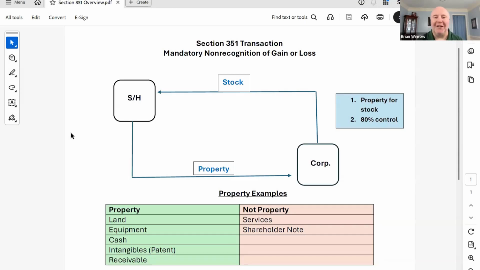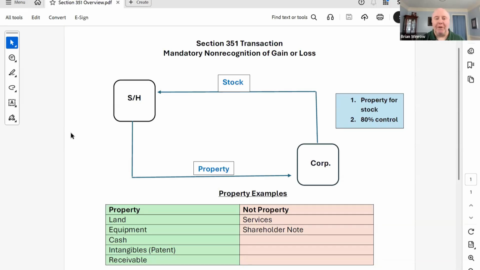And then I'm going to talk about what the basis is going to be for our shareholder and for the corporation after a Section 351 transaction. So that's our map. If this is an area that you're looking for additional assistance, I'm confident this video is going to help you better understand Section 351. All right, let's get started on this.